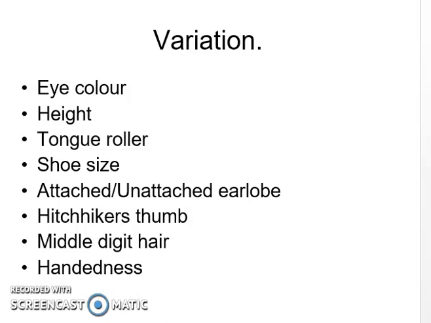Right. So if you look at the list on here, I think we can separate all these things into two different areas. Something like eye colour, something like tongue roller, whether your earlobes are attached or unattached.